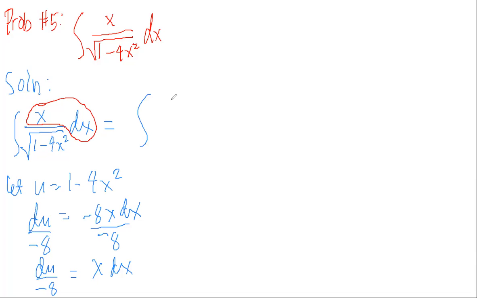So this becomes 1 over the square root of 1 minus 4x squared times x dx. Let's substitute the value of 1 minus 4x squared.